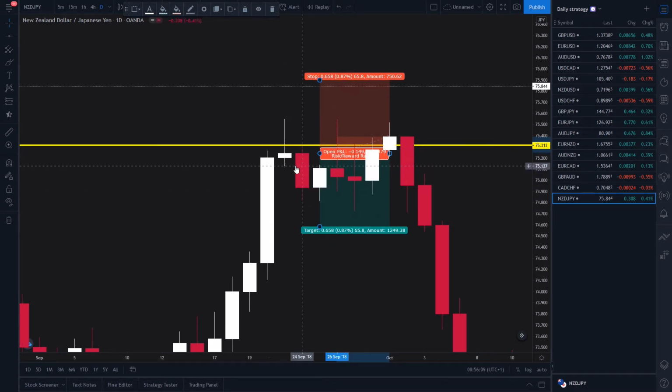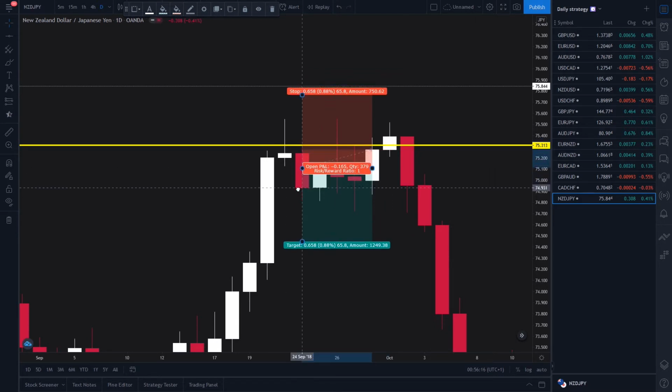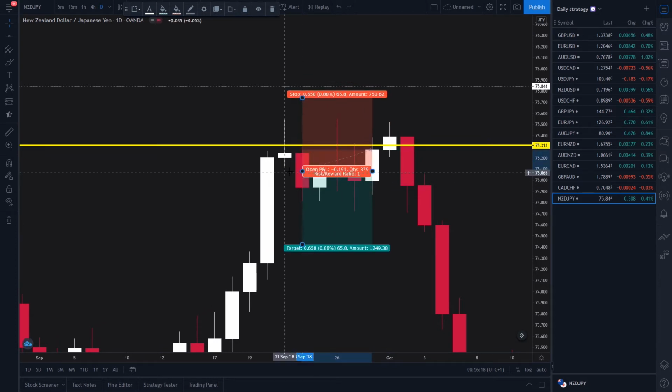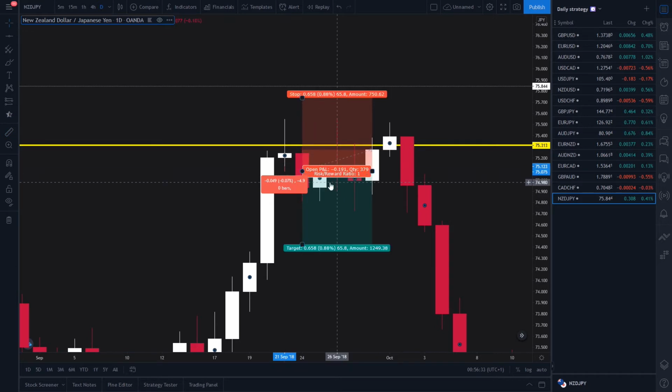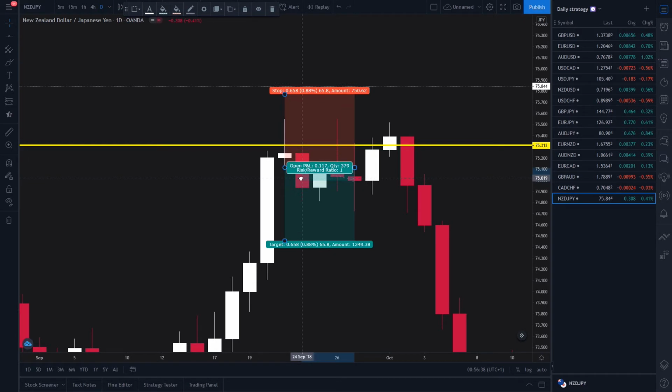But you don't really want to be so precise, so you want to leave a few pips below the lowest point of the indecision candle. Let's go for 3 or 5 pips, it doesn't matter at all. But you don't really want to enter so precisely, because there is resistance formed on those lower time frames, so it can break your trade if you are so precise.